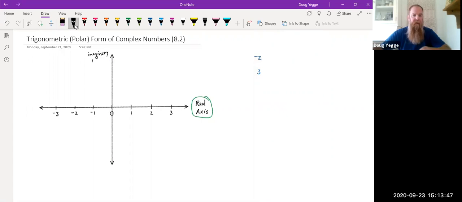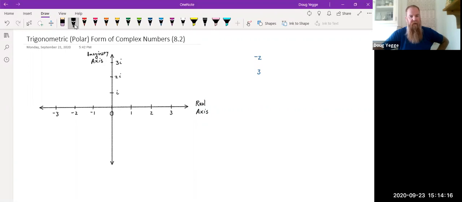But all we're doing at this point is creating a new way to visualize imaginary and complex numbers. So if I think about this as the imaginary axis and I start counting upwards, I don't say 1, 2, 3. Instead, I realize that this is i and 2i and 3i.